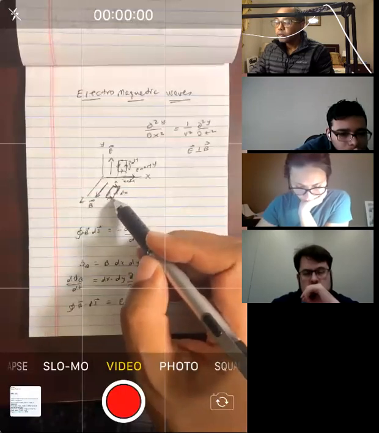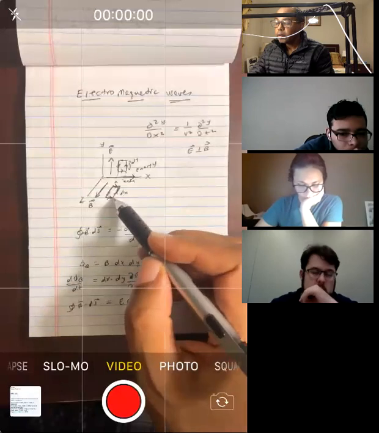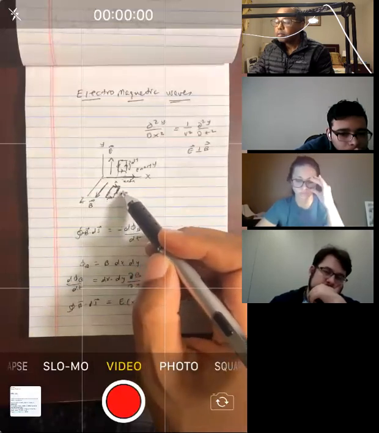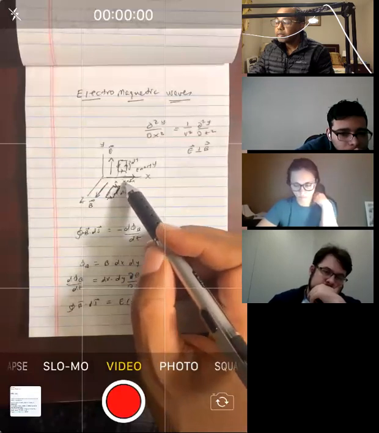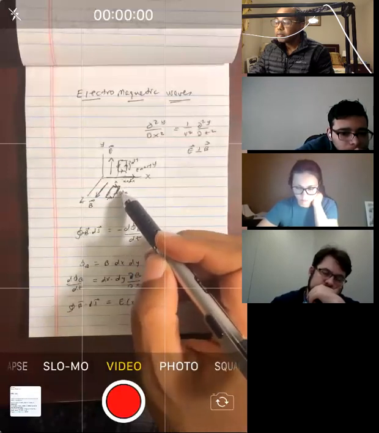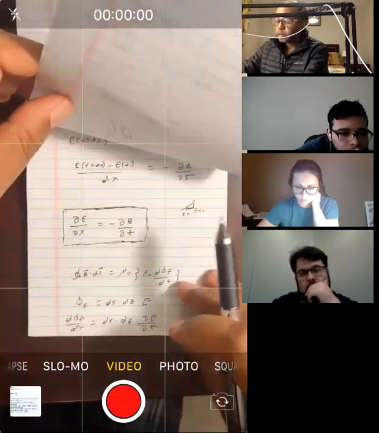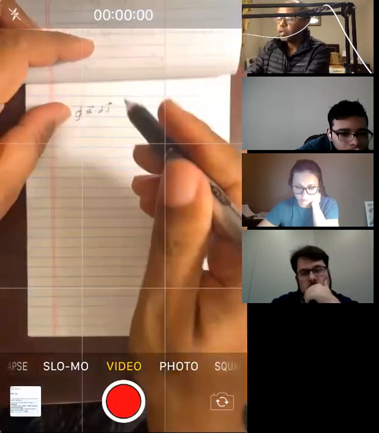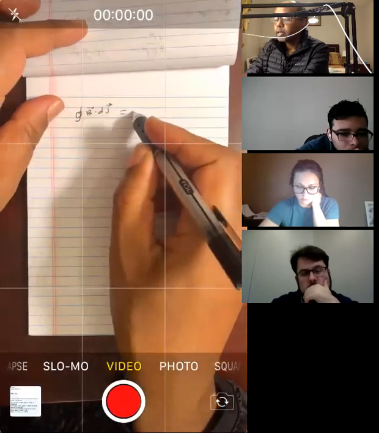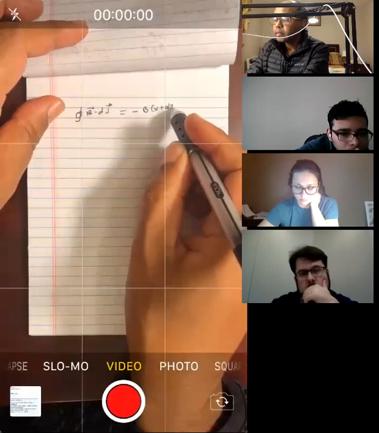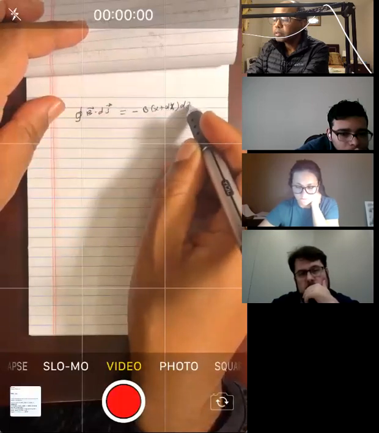Let's start over here. The magnetic field is going this way, our path is going this way, so it's going to be negative, right? And it is the magnetic field at x plus dx times this path over here, which is dz. Okay, so the line integral is going to be like this. From the first path, we get negative B at x plus dx times dz.